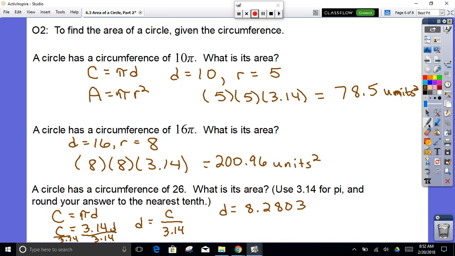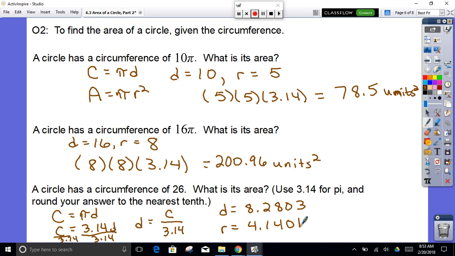If the diameter is 8.2803, Ross, what do I do to find the radius? Okay. And when I divide it by 2, I get 4.1401. Now, McKenna, what do I do to find the area?